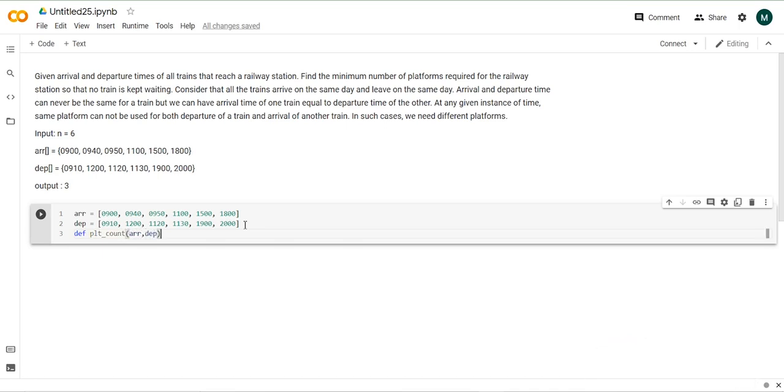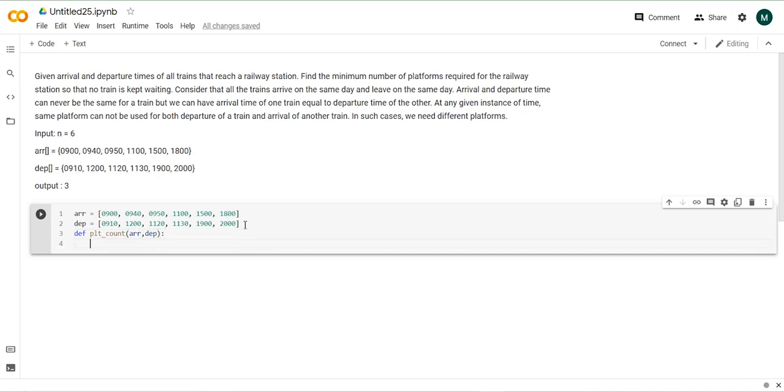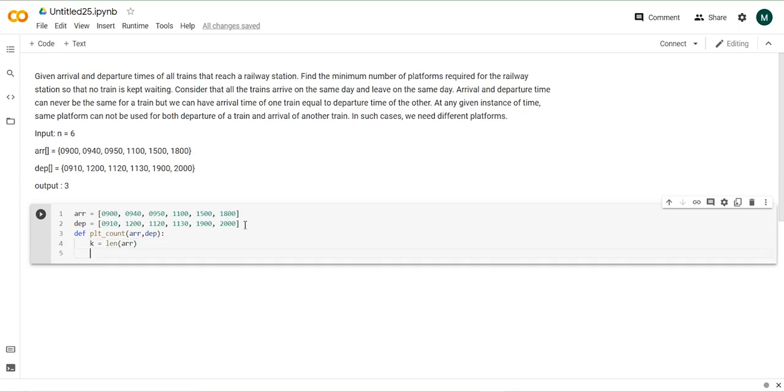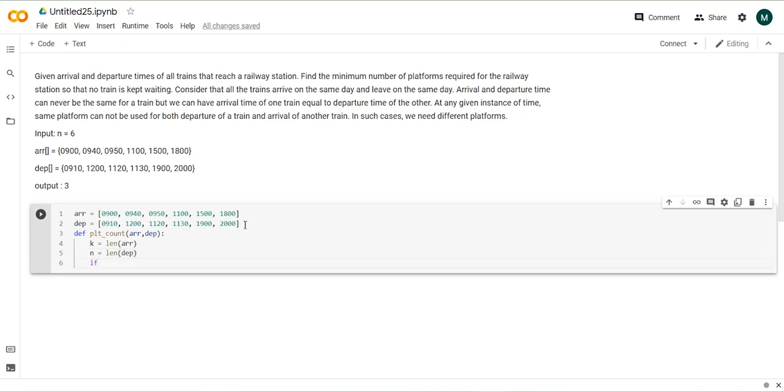Then let's say k is equal to the length of arrival, and n is equal to the length of departure. Our first condition will be if k is not equal to n, this is a false input.